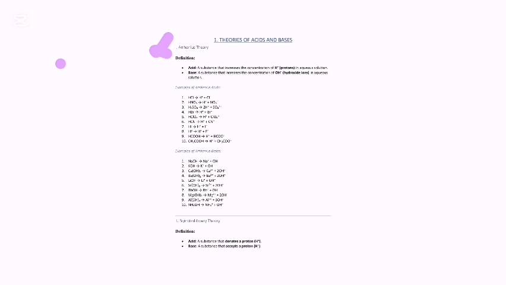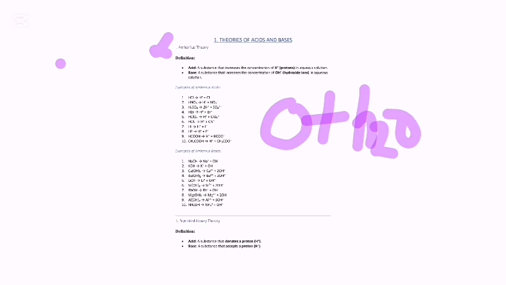So if a solution combines with H2O, like this is the H2O, this solution which combines with H2O to increase hydrogen ions, that is what we are calling an acid. Acids just increase the concentration of hydrogen ions or hydronium ions.